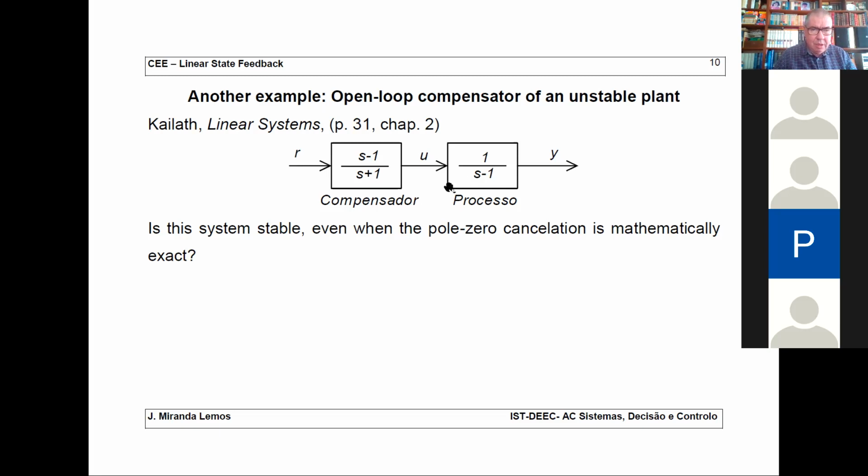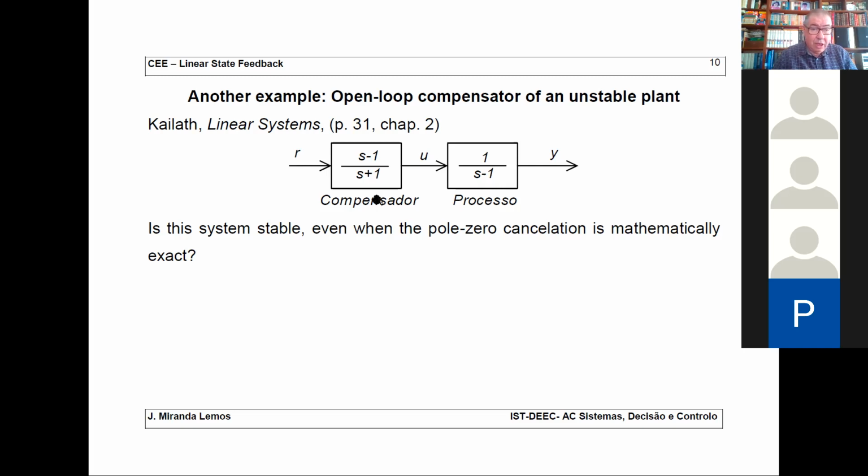When you have this system, how many poles does it have? Both the compensator and the process.